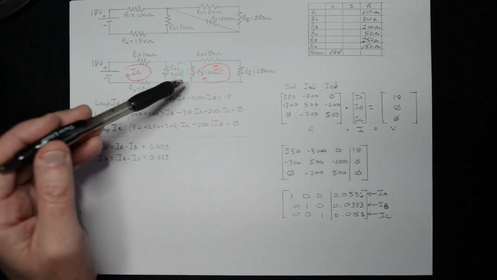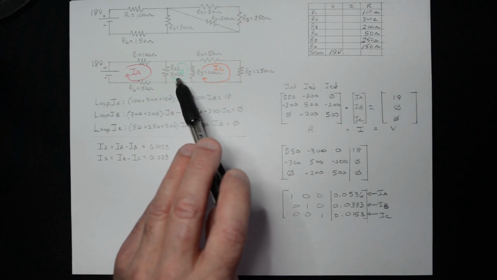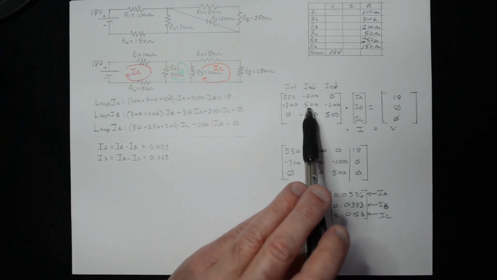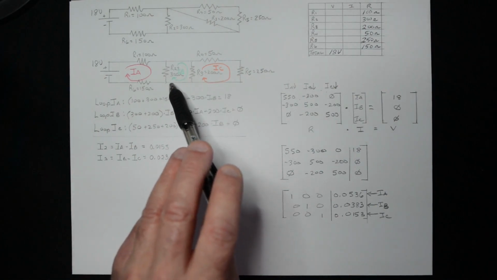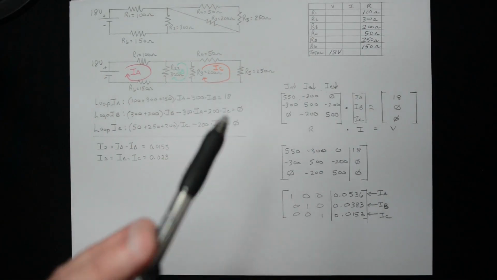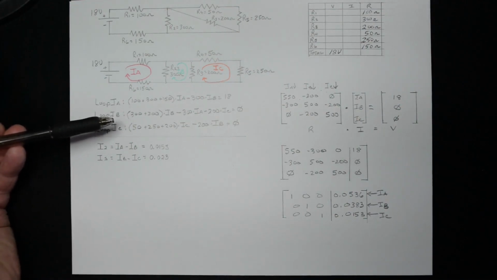And again, this is arbitrary. You can come up with the same answers using a different matrix if you just happen to choose a direction going the other way, but it would still always come out in the wash to the final correct answer.